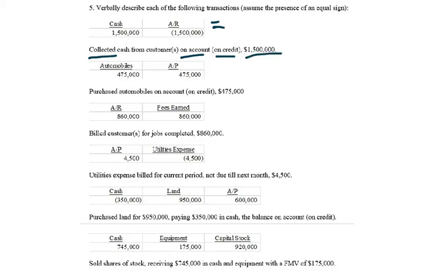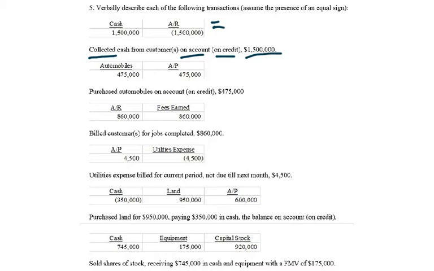Every element you're looking at in there is necessary. If you just say you collected cash from customers 1.5 million, that makes it sound like a new revenue. You just provided services and now you're recognizing revenue at the same time you're collecting cash. That's a different transaction. So you must have the element of on account or on credit in order to give me the full description.